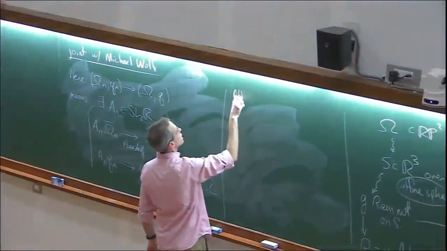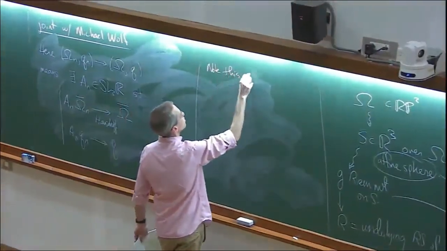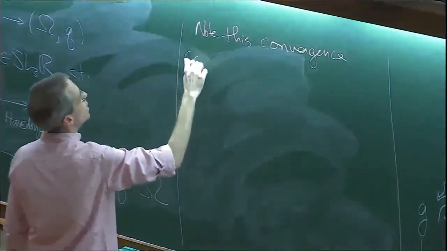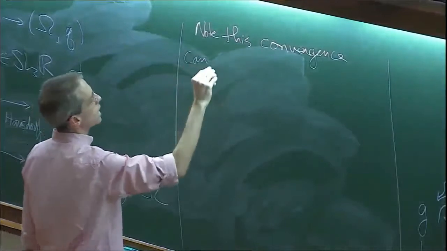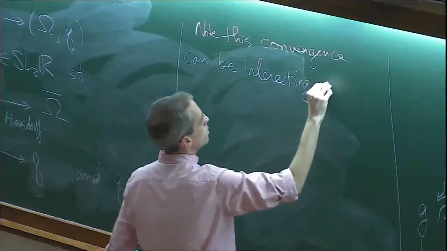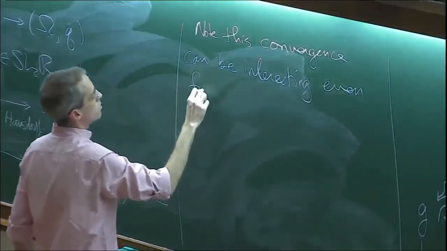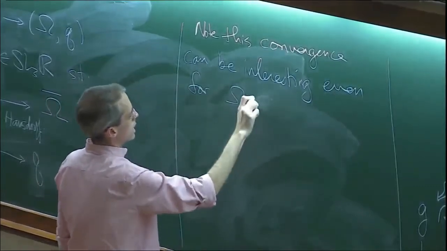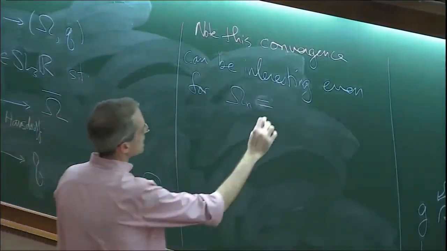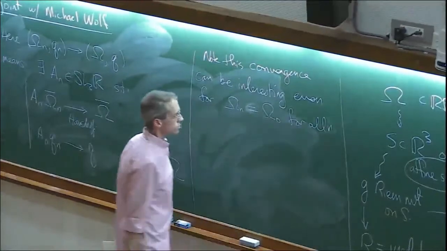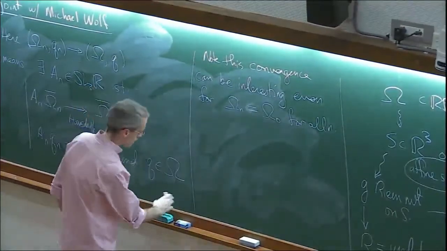But note that this kind of convergence, this topology, can have interesting behavior even if the sequence omega n is constant. Say, even if omega n is equal to omega for all n. So I'll just sketch what a picture of that might look like.